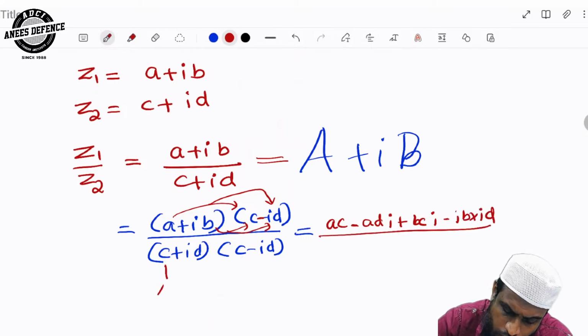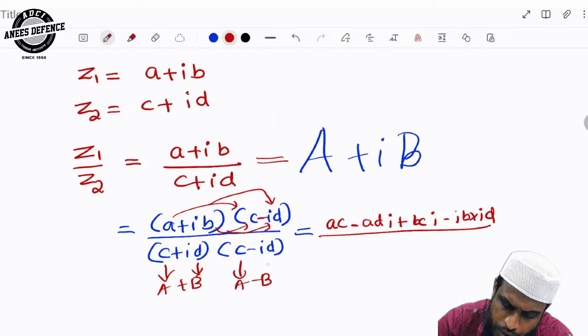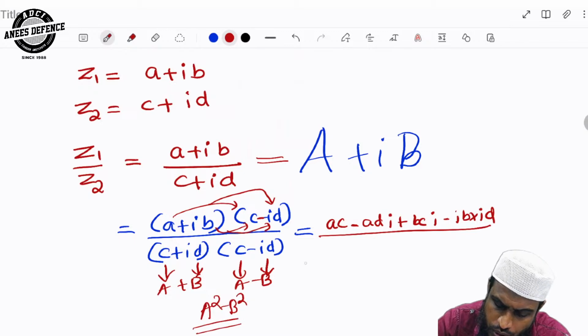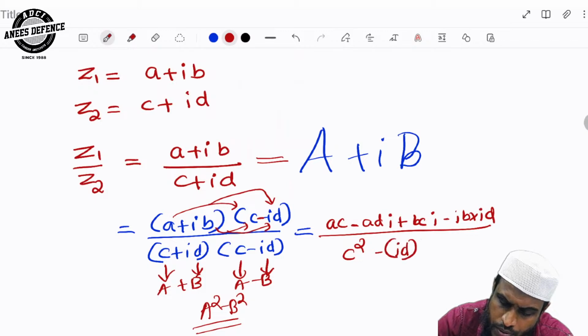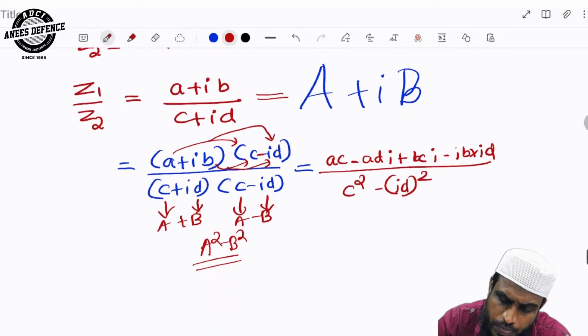Divided by, here it looks like (A plus B) and (A minus B). (A plus B) into (A minus B) is A square minus B square. So here A is C, and B is iD. So C square minus (iD) square.